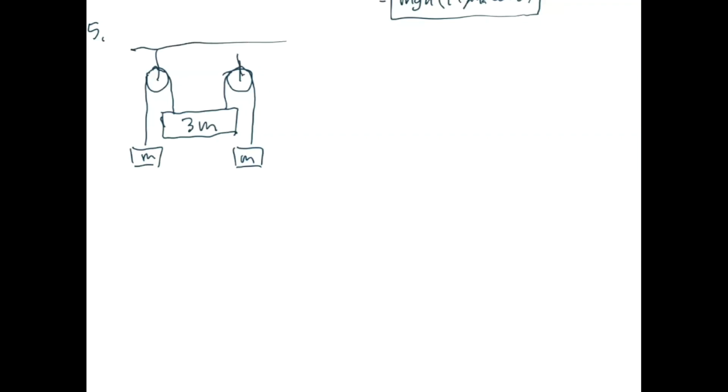They're attached to 3 blocks like so. Two of the blocks have mass m, and the third block has mass 3m. What we want to do is just find the acceleration of each of these masses.